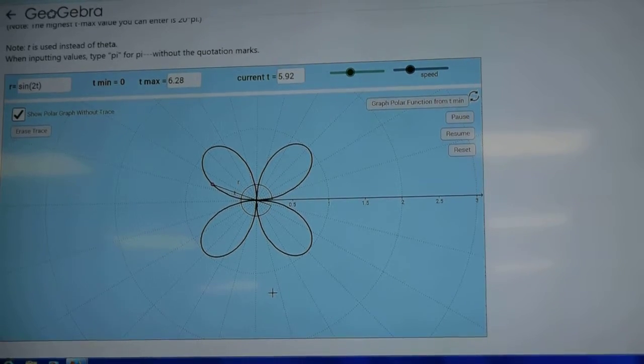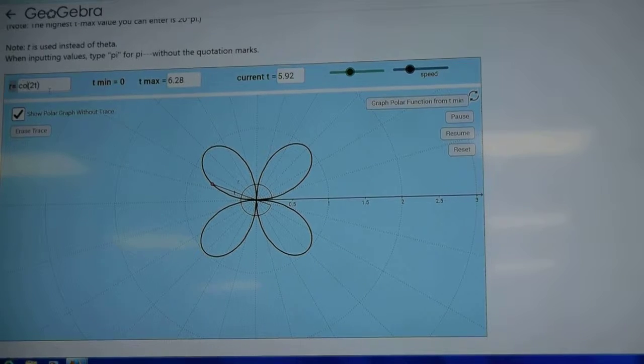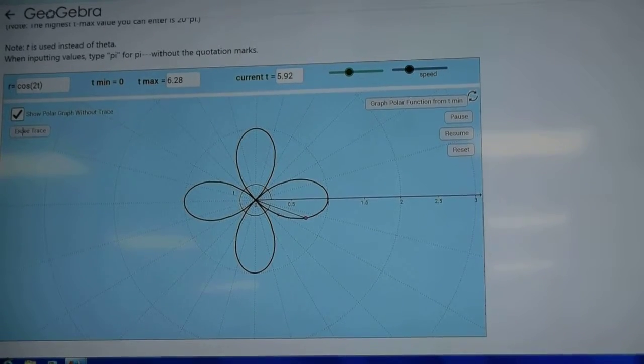Actually, there's a name for this. This is a rose with 4 petals. They just call it a 4-leaf clover. Yeah, well, yes, but the official name is rose with 4 petals. And again, if you put cosine for it, it's just rotated. That's because sine and cosine are the same graph, they just have a phase difference, okay?